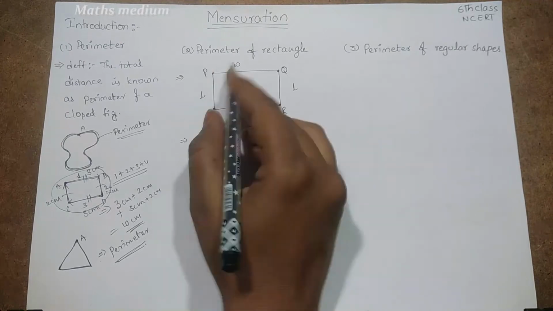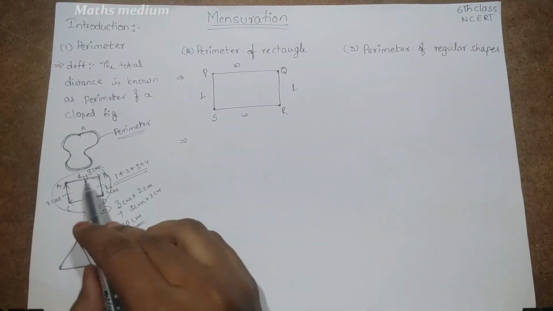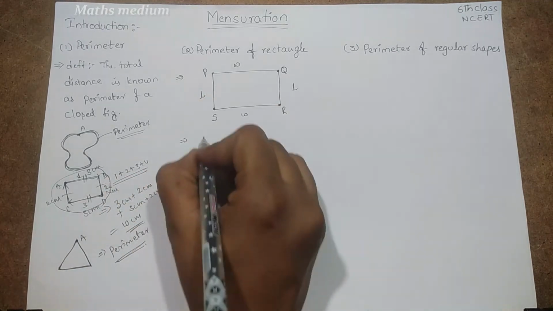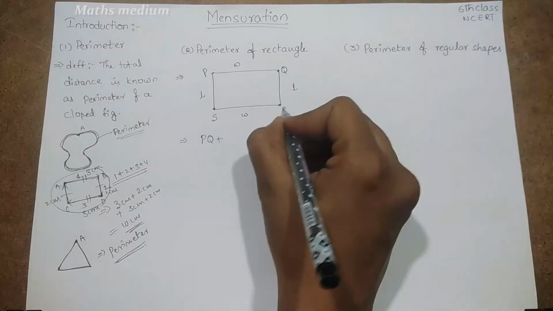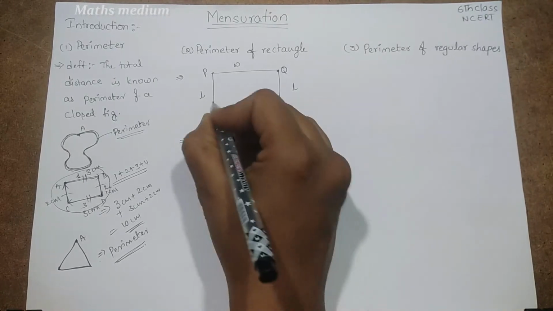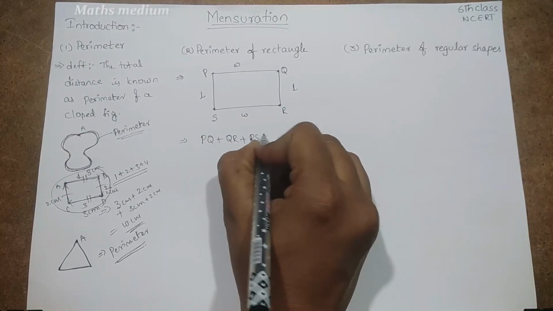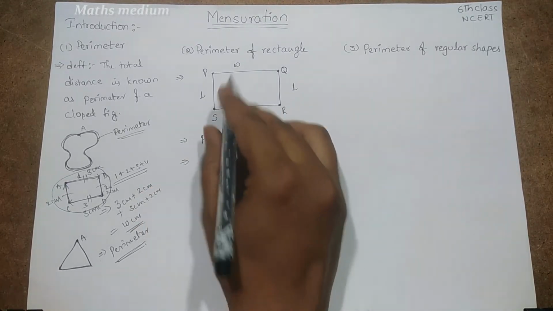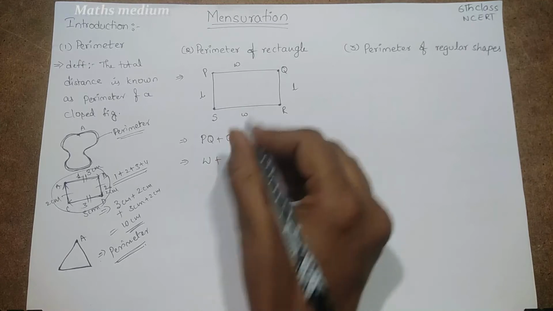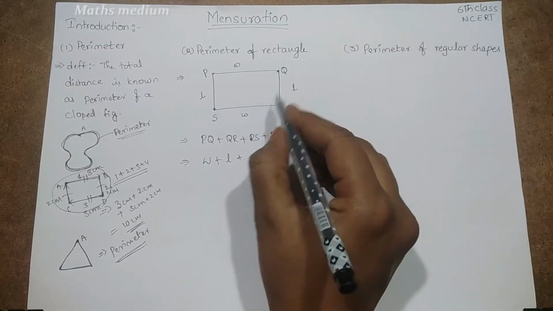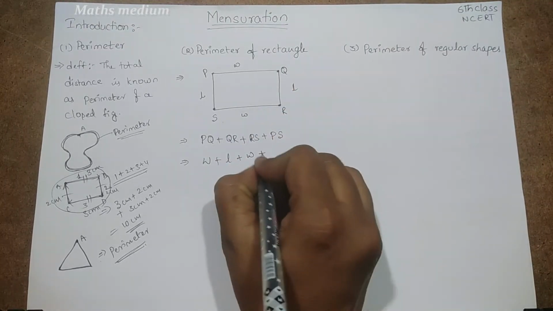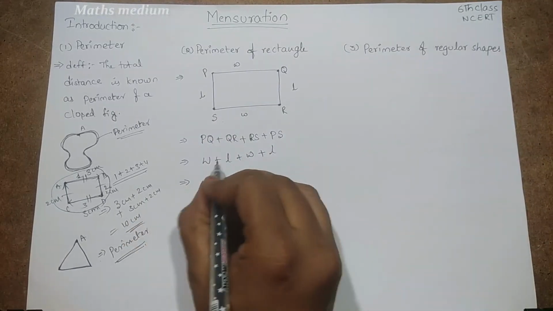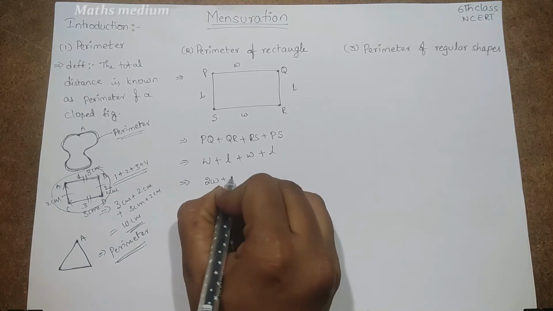In any perimeter we count each and every side of the given closed figure. So PQ plus QR plus RS plus PS, that is SP also. Now PQ is W, plus QR, that is L, plus RS, which is also W, plus PS, that is also L. Now here we see 2W plus 2L.